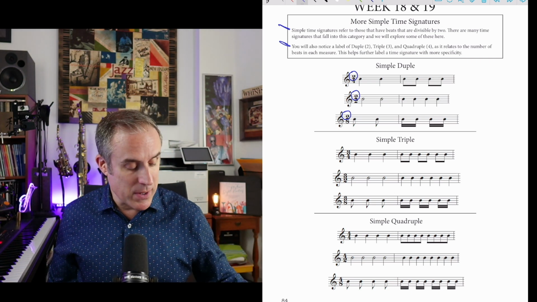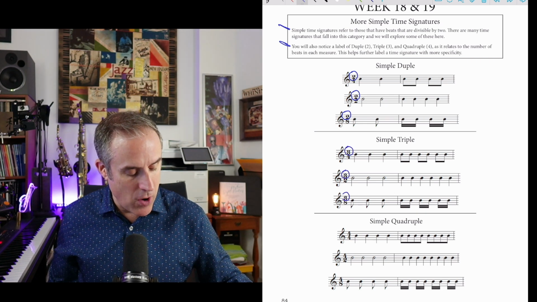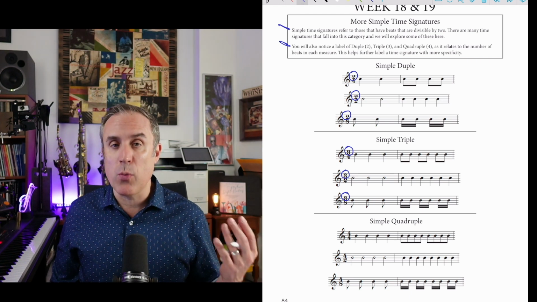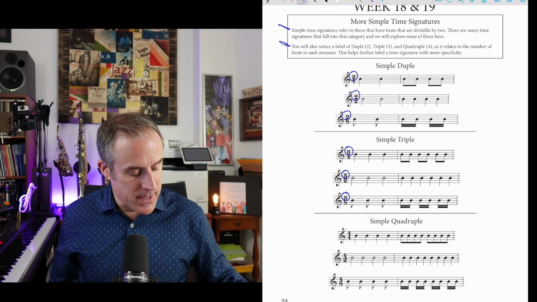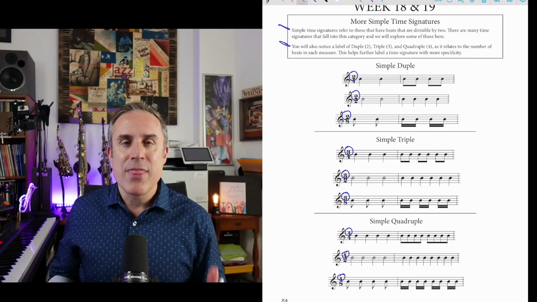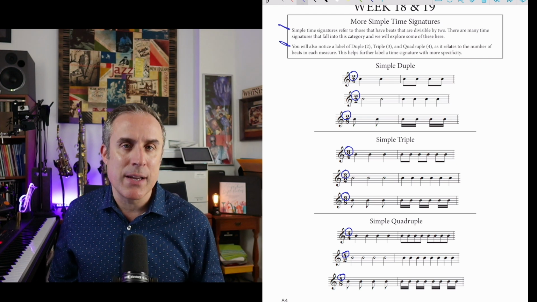If we go to the triple, guess what number is going to be on top? A 3 is going to be on top of all of these time signatures. And therefore, quadruple, which means 4, we can guess that the top number on these time signatures is going to be 4. The top number in a time signature refers to the number of beats in each measure.